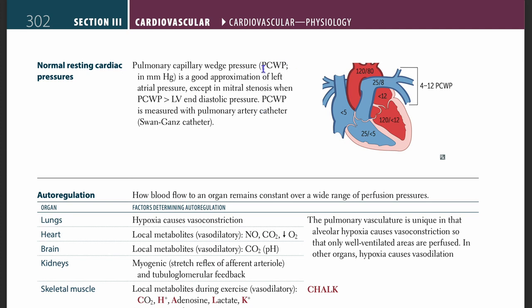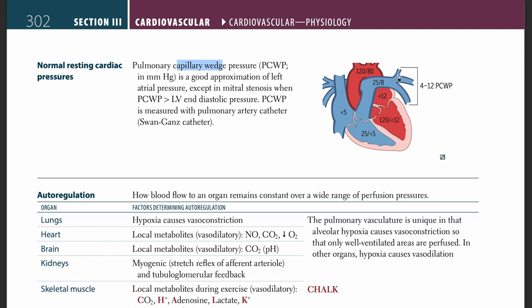What this means is that pulmonary capillary wedge pressure is basically just the pressure in the left atrium, right before it comes in over here. These things look like wedges because of this empty spot right here. If you color this up, it looks like a wedge. So that's where the name, I think, comes from. Don't quote me on it, but it makes sense.